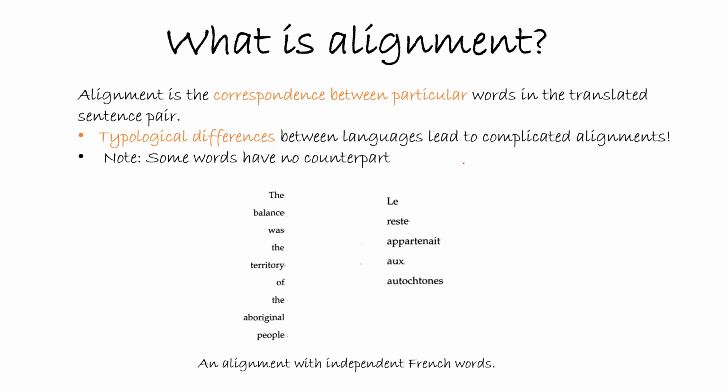I can have word one, word two, word three, word four as my given source sentence, and I want to get something in English. I might have multiple words relating to a single word, or I might have the opposite.